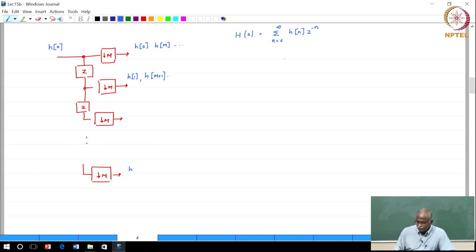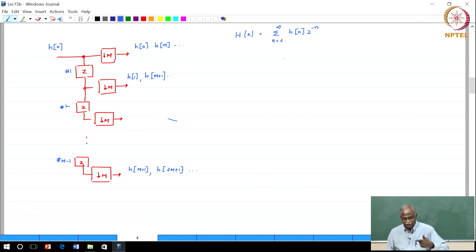The last one is h of m minus 1, h of 2m minus 1, dot dot dot. Okay. Now, did I make m? So this is number 1, number 2, and the last one was m minus 1. Okay, this is number m minus 1.